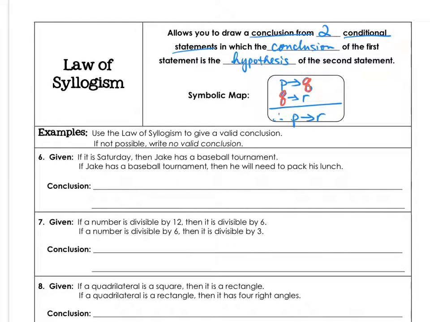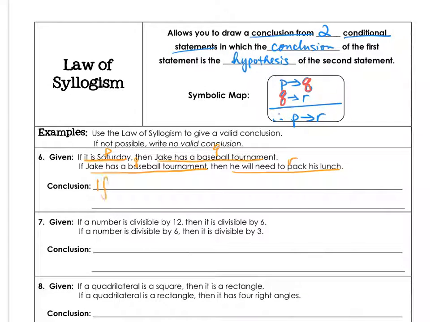So let's look at some specific examples. It says that if it is Saturday, then Jake has a baseball tournament. If Jake has a baseball tournament, then he will need to pack his lunch. So the conclusion here is I have my P, then I have my Q. Notice my Q again. Then I have my R. So 3 statements, but 2 conditional statements.